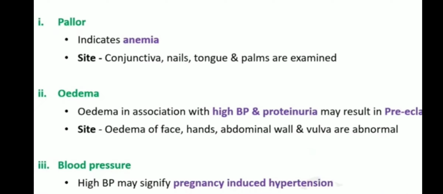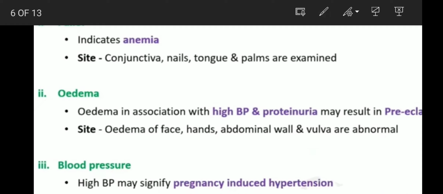How do we find out if the mother is having pallor? We have to examine the woman's conjunctiva, her nails, ask her to stretch out the tongue, her oral mucosa, and also check her palms. Pallor should be correlated with the hemoglobin estimation. So we know whenever the HB is low, the pallor is there. So we have to correlate with the HB values.